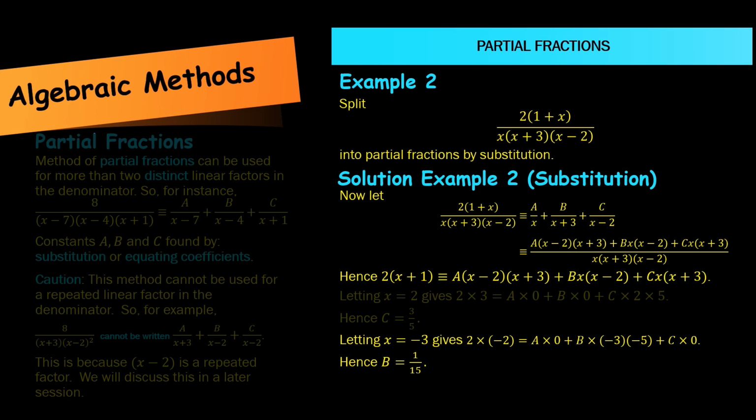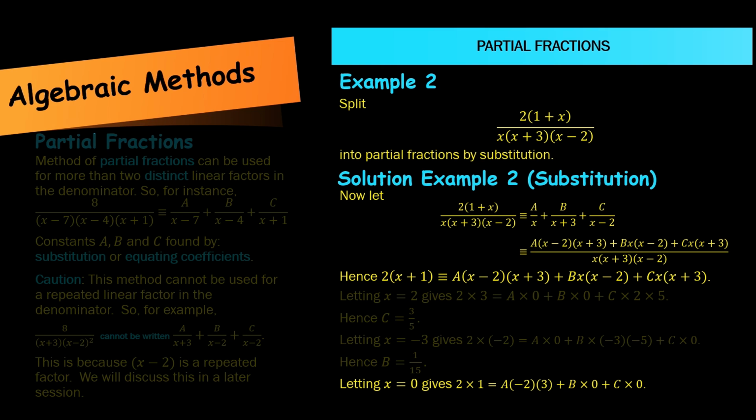And finally, letting x equals 0 gives us 2 times 1 on the left-hand side and a times minus 2 times 3 plus b times 0 plus c times 0 on the right-hand side.